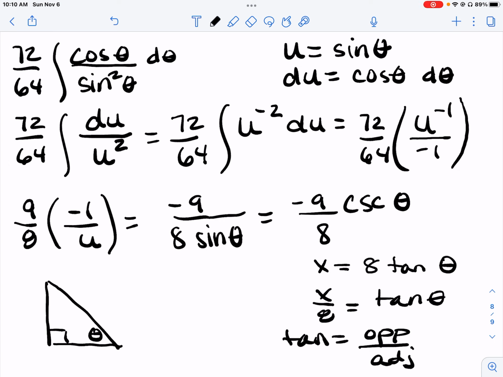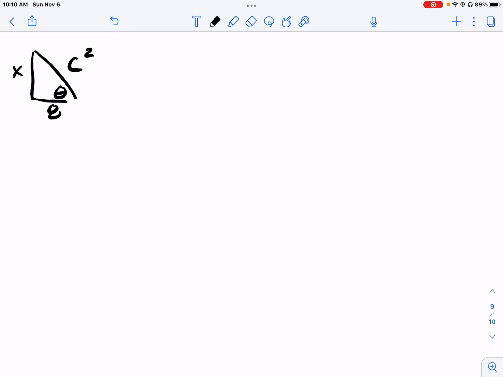So this is opposite, this is adjacent. So we need to find the hypotenuse, c.